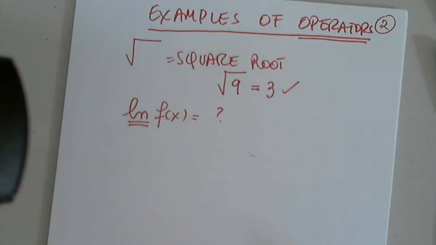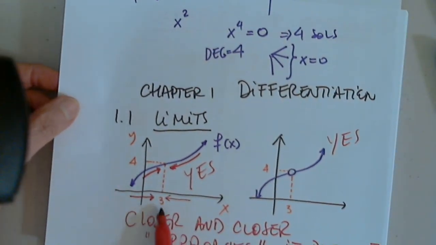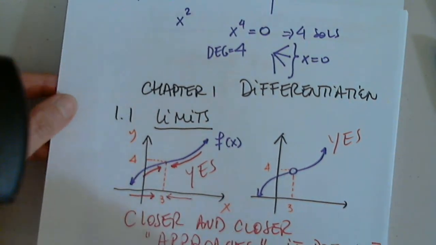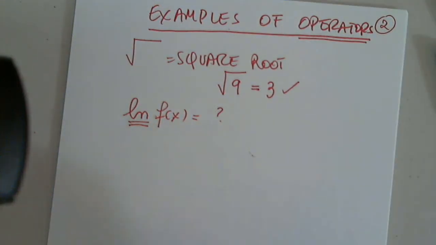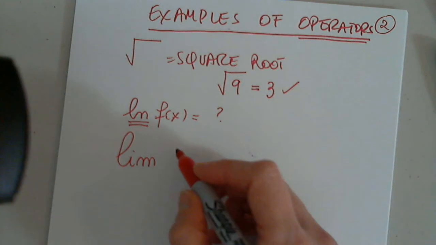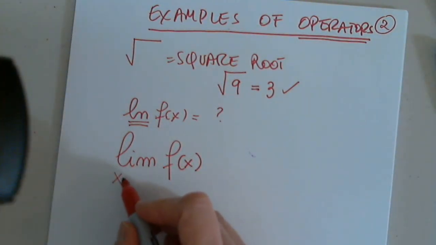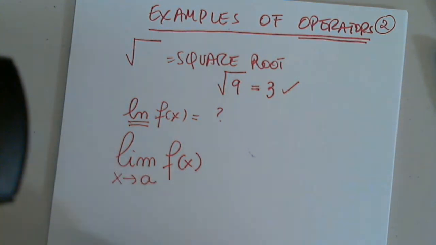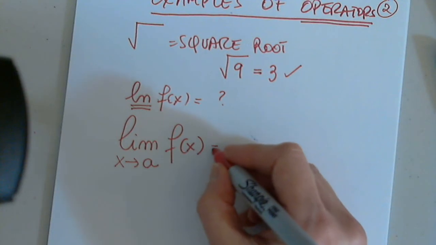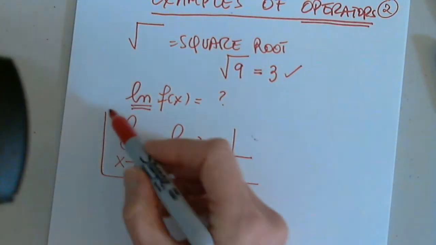So instead of writing that as x approaches 3 from either side, the function values get closer and closer to 4, we have an operator that does that. And the limit operator, the limit of the function f of x as x approaches a, any number, in my example is 3, is L. This is how we write it.